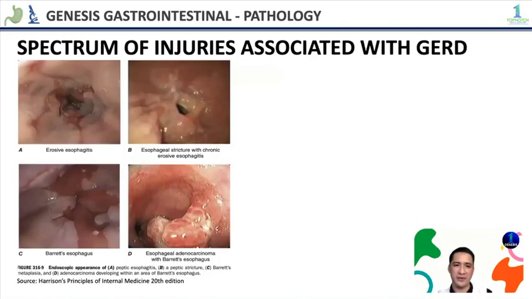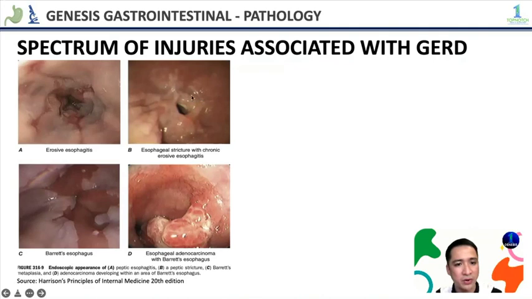So these are the different spectrum of injuries associated with gastroesophageal reflux. These pictures are lifted directly from Harrison's Principles of Internal Medicine. You will see here that there is erosive esophagitis, and patients will present with stricture.